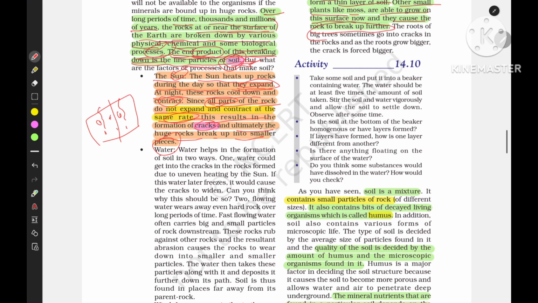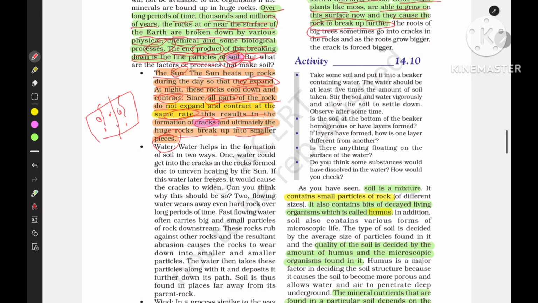One reason for this breaking is uneven heating: the sun heats up the rocks during the day so that they expand, and at night these rocks cool down and contract.